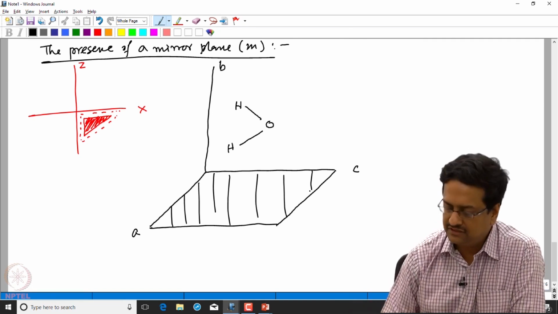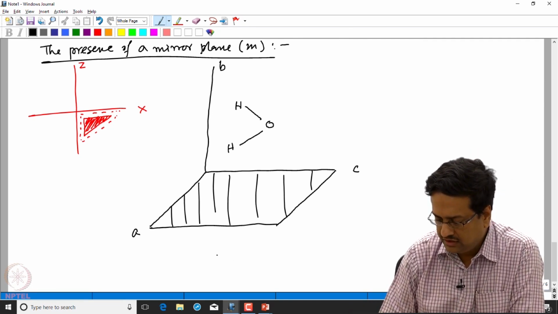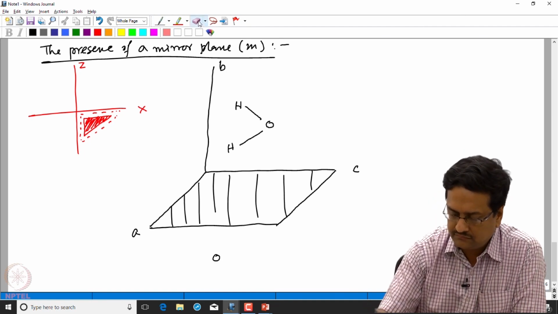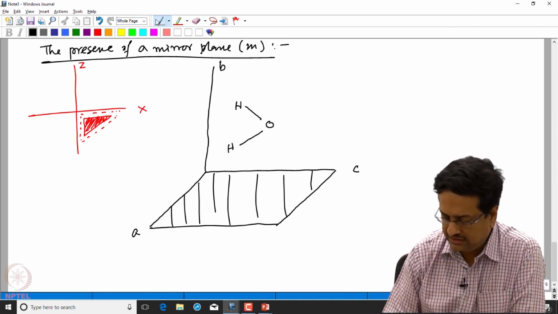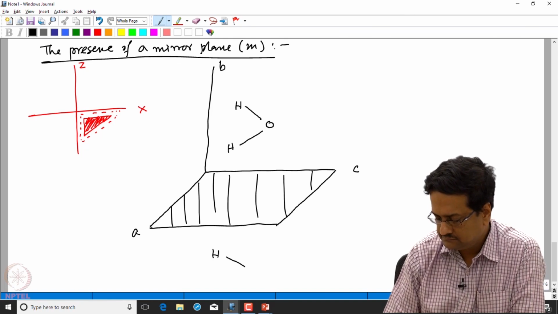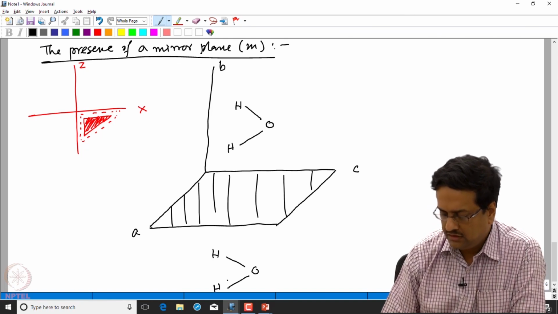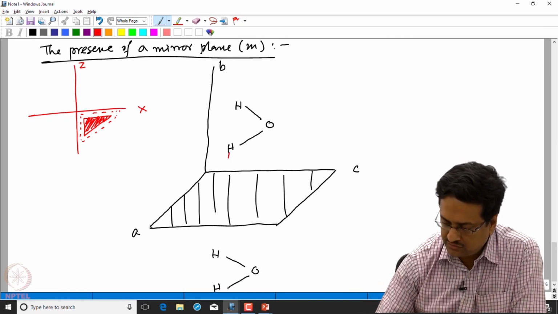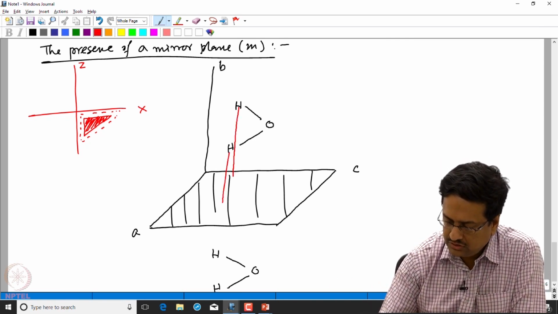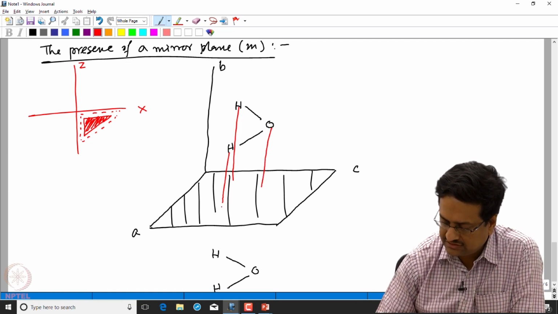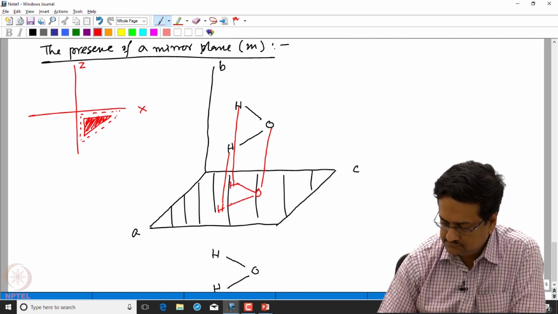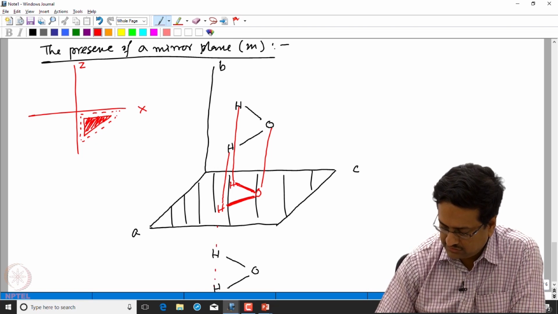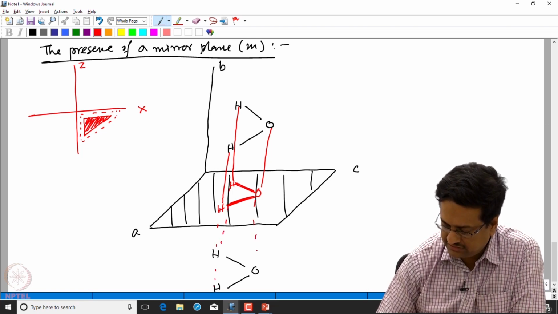The reflection of that water molecule should come below this mirror plane as I am drawing here, and the actual projection of this water molecule on this plane from the upper side falls at these three places, and from the lower side also falls at the same places.